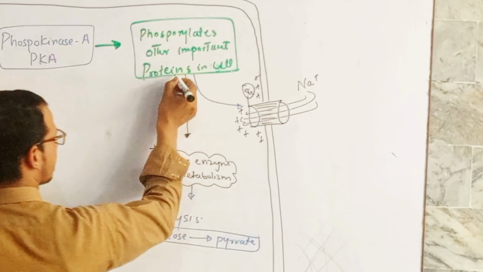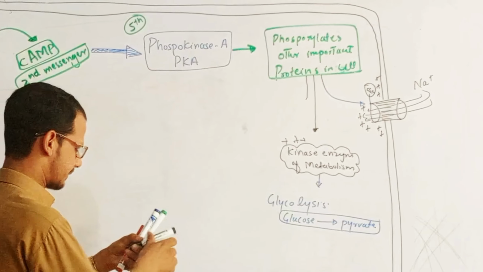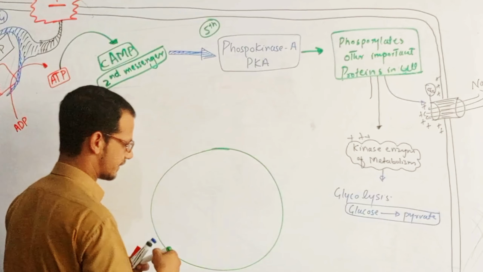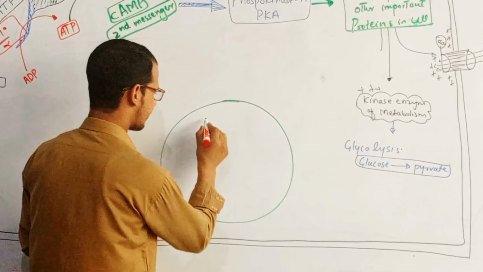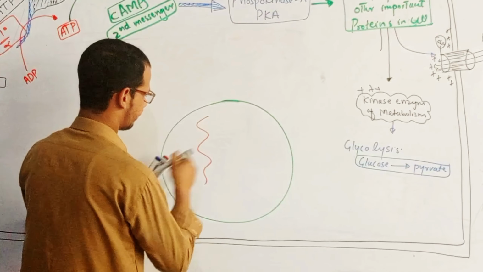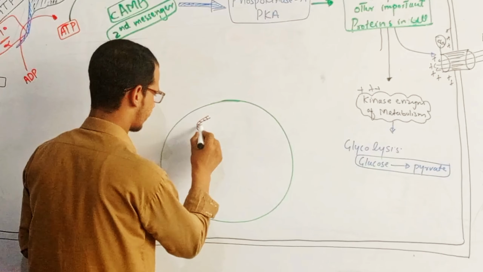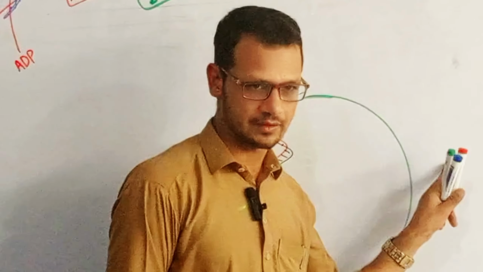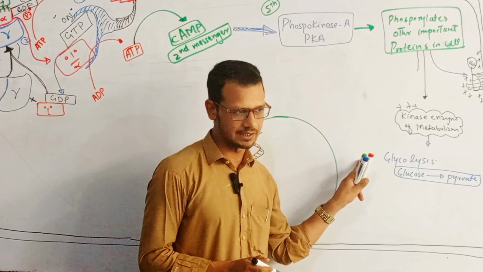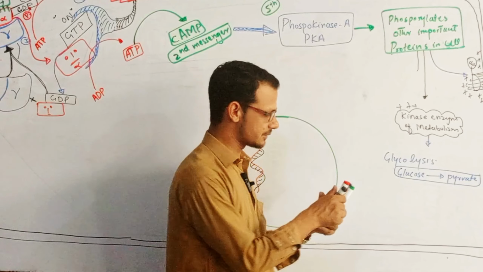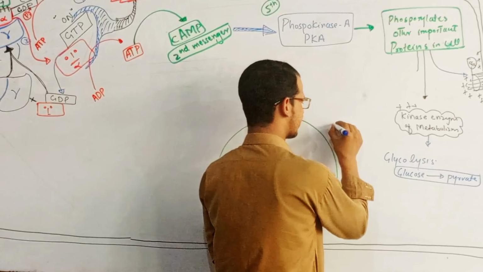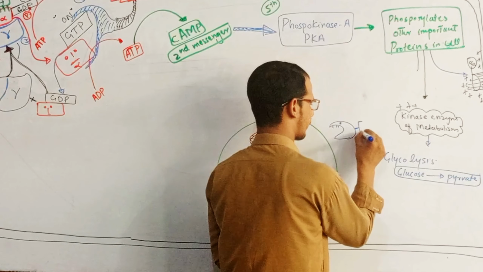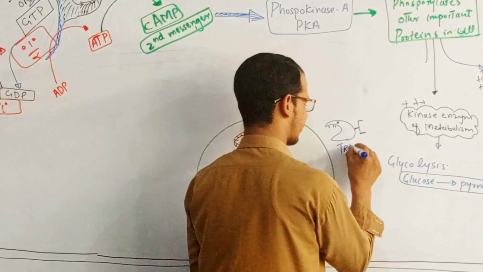Next, this phosphokinase is responsible, for example, here we have the nucleus, and in the nucleus we have DNA. And in the cytoplasm, here we have a special type of receptor which is called a transcription factor. For example, this is the transcription factor.